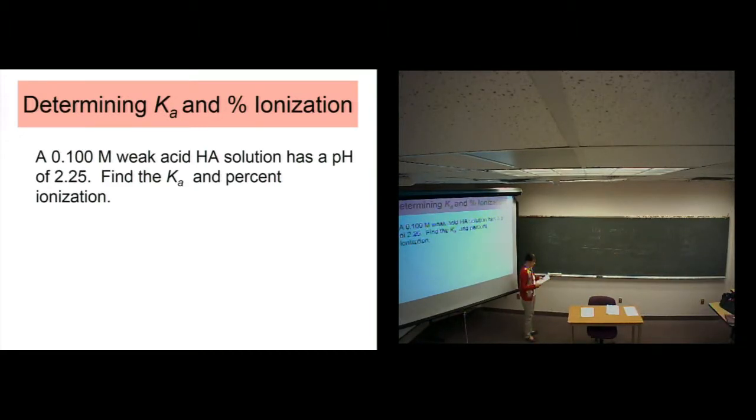What'd you get for the percent? Everybody get 5.6%? Yeah, because we took this number because it has to be at equilibrium, doesn't it? Divided by the initial acid times 100, 5.6%. All right, questions about that one?